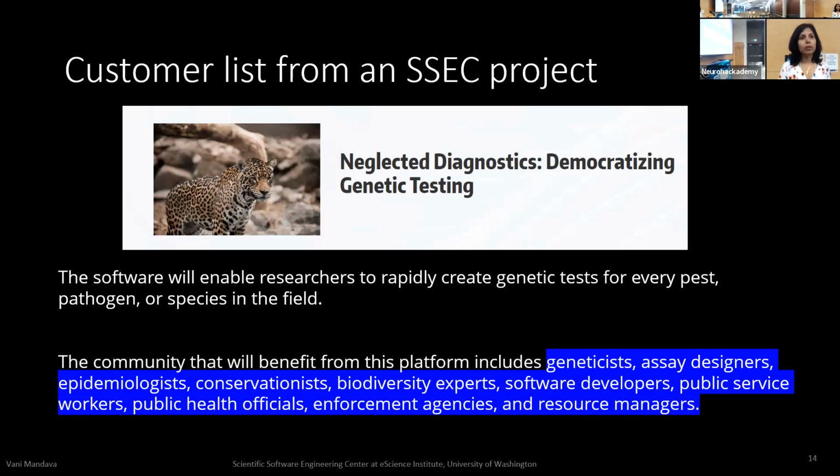This was actually from a PI and their research group, and they did a really nice job of identifying who their customer, who their user was going to be. And look at how long that list is. It's the list of personas or users that are highlighted in blue on the slide.